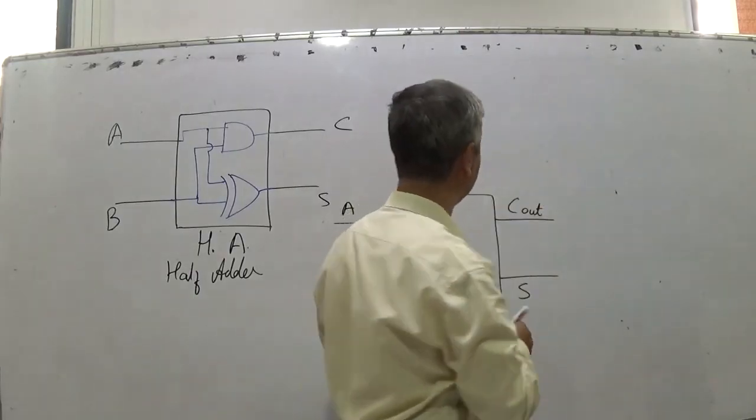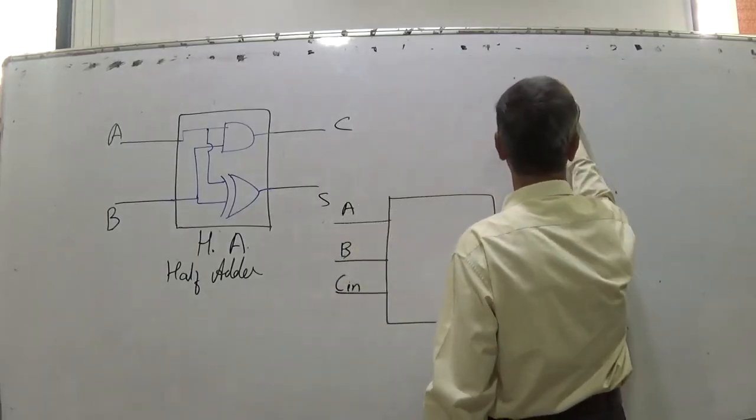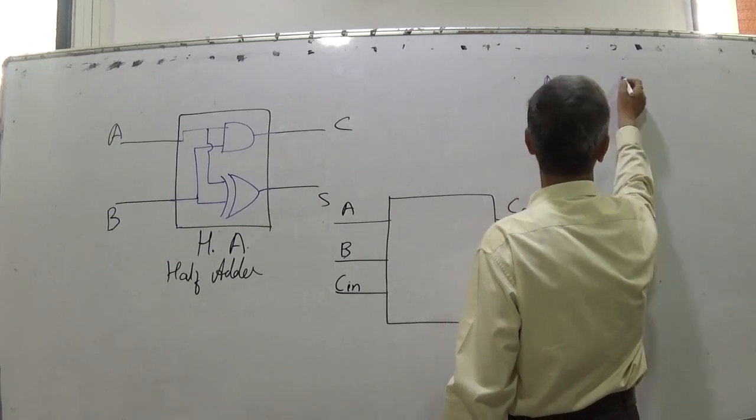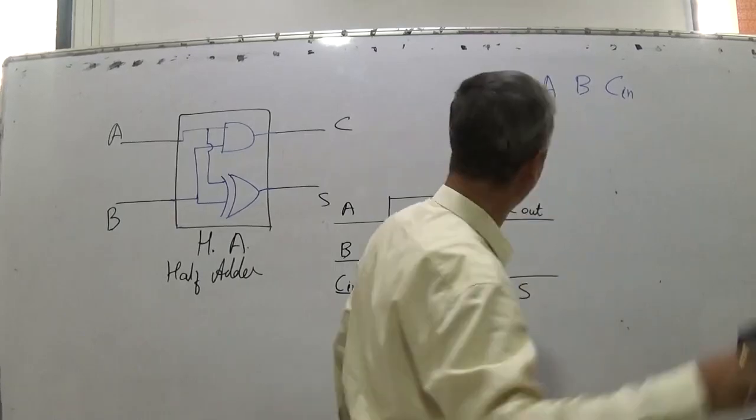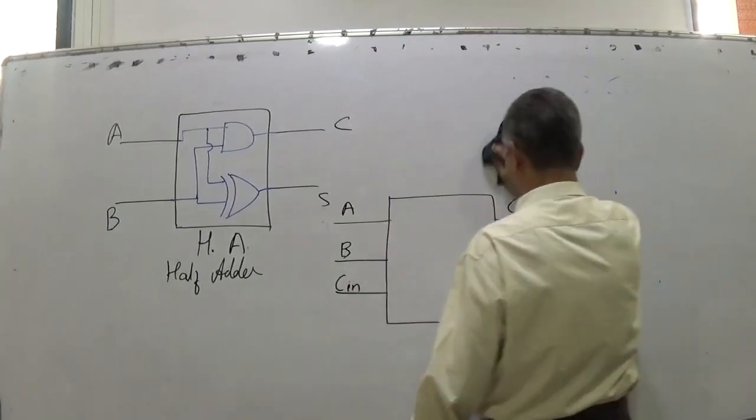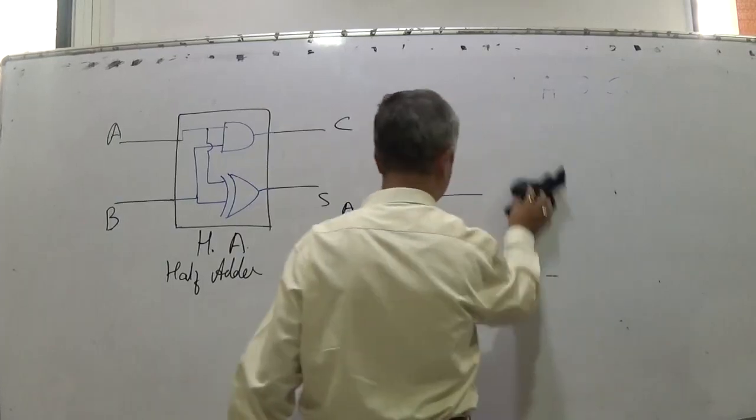So a truth table contains 3 input columns, A, B, C in. This is not wrong, but we write it in reverse way.